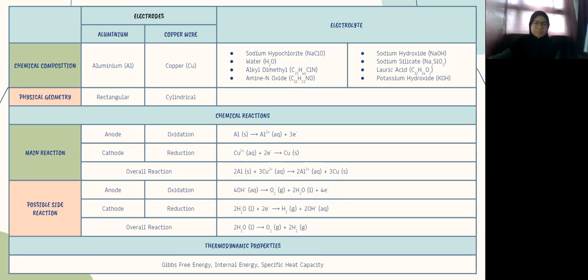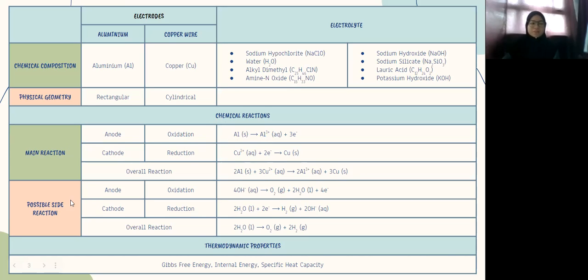For the chemical reactions, the main reaction for our voltaic cell is that aluminium will undergo oxidation at the anode, while copper will undergo reduction at the cathode. These are the chemical equations, and this is the overall equation for the main reaction.